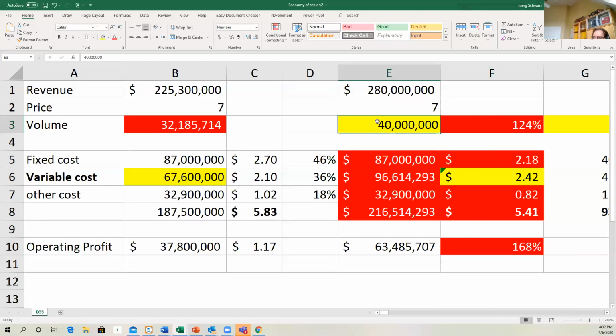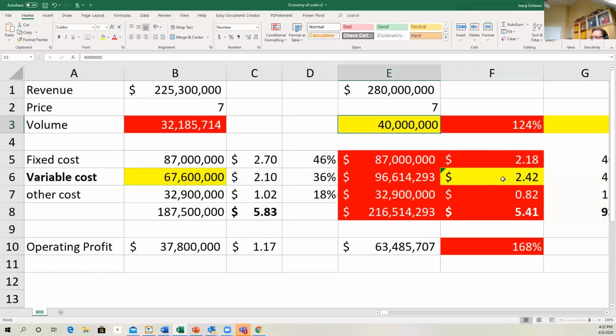So let's look at these numbers. I kept the price the same, $7, because I know that pots are the highest demand. I probably have a chance to get to 40 million units demand.